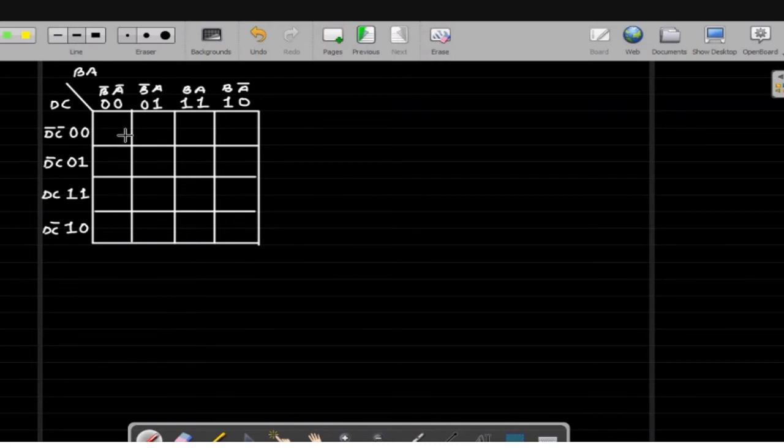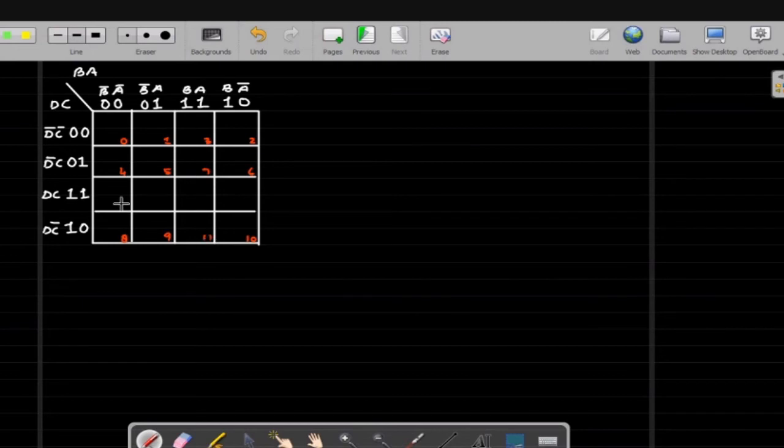At the corner, you can write the decimal equivalent also: 0, 1, 2, 3, 4, 5, 6, 7, 8, 9, 10, 11, 12, 13, and 14 and 15.